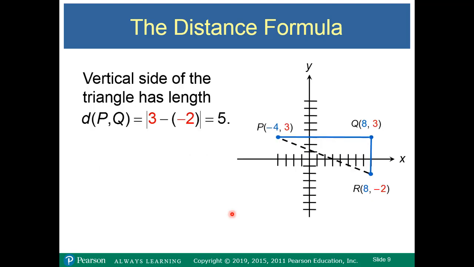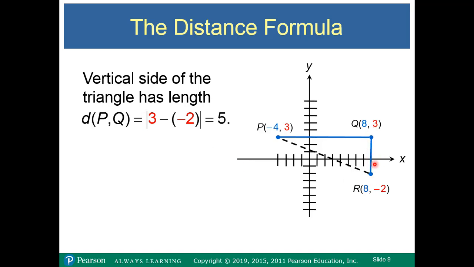If you look at the vertical distance, oh, wait a minute, I'm sorry. This should be QR or RQ. This one. Okay. So we're looking at the difference in the y values.